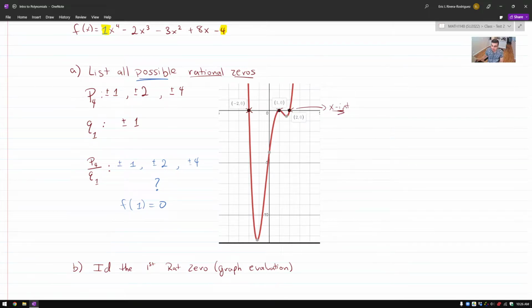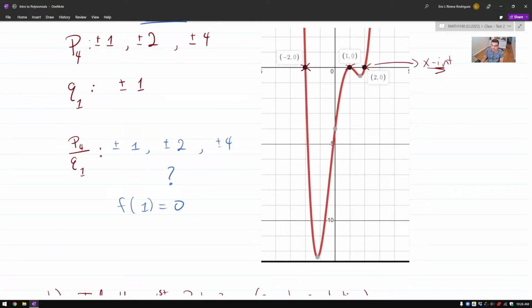So from the 6 possible rational zeros, we found out that -2 is an actual rational zero, and +1 and +2 are actual rational zeros. So we got the graph, and we already know all its zeros.